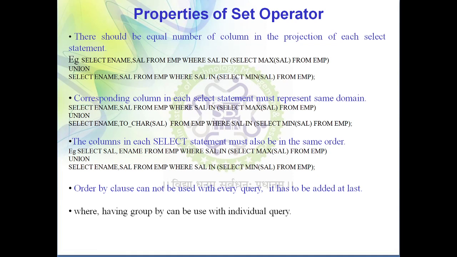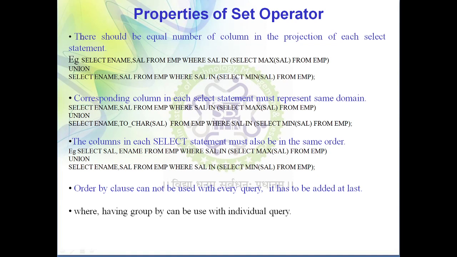These are two different problem statements. One finds the maximum salary, another finds the minimum salary. In the maximum case I need to display the employee name along with their salary, and similarly in the minimum case I need to display the employee name along with their salary. We can execute these individually and get individual outputs. But suppose we want to combine both outputs, then in that case we can use the union operator.